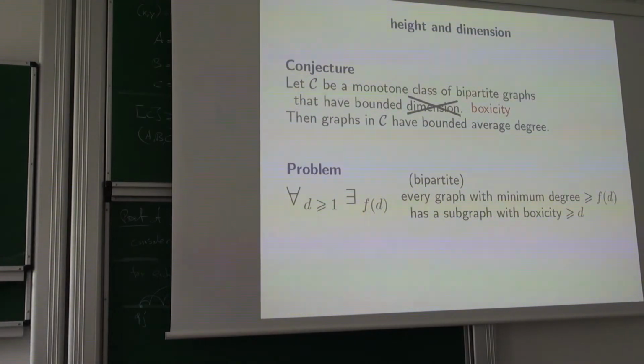For every d, there exists f of d, such that if you take a bipartite graph of minimum degree at least f(d), then you have a subgraph with large boxicity. Or then you have a subgraph that, when you look at it as a poset, has large dimension.